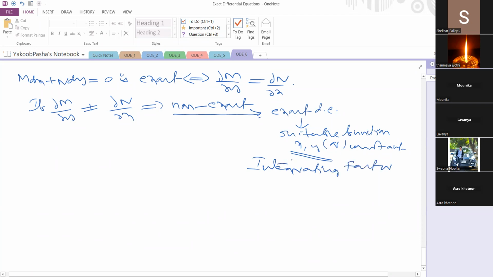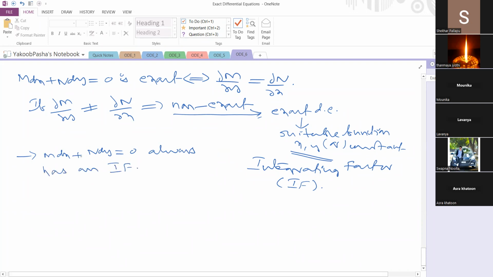The first order and first degree differential equation M dx + N dy = 0, if not exact, can always be made exact by multiplying by some function. That function is called the integrating factor. Every differential equation of the form M dx + N dy, exact or non-exact, has an integrating factor.